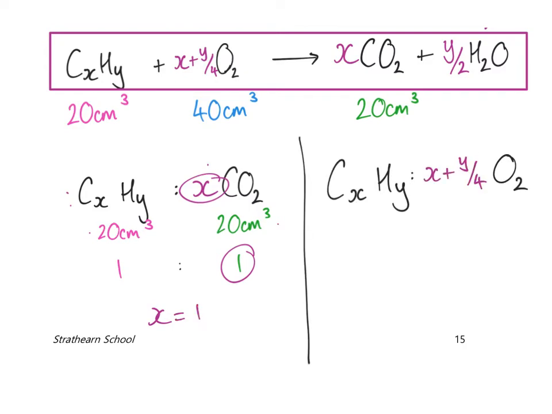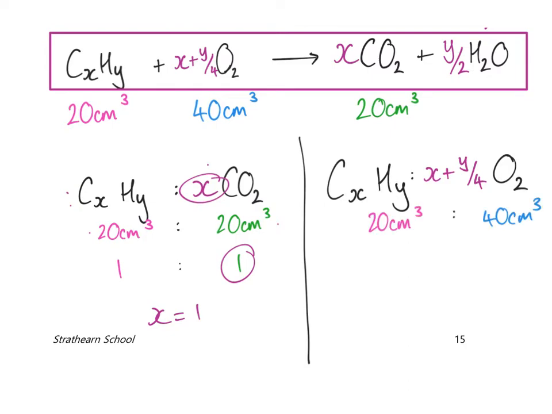So let's now look at the ratio between our hydrocarbon and the oxygen that was used. You can see from our balanced symbol equation that they're in the ratio 1 to x plus y over 4. So what we'll do is use our volume ratio to get the overall ratio, and then because we know what x is, we will then be able to solve for y.